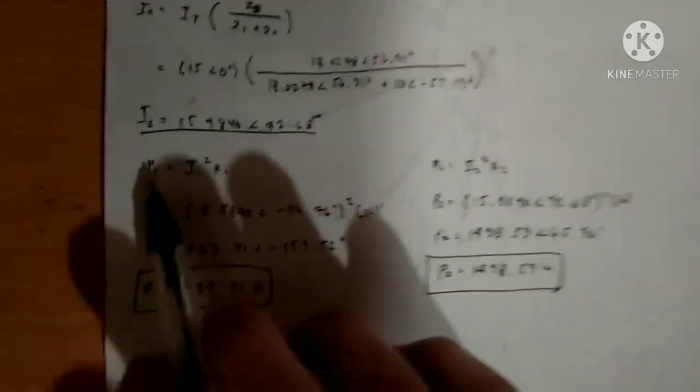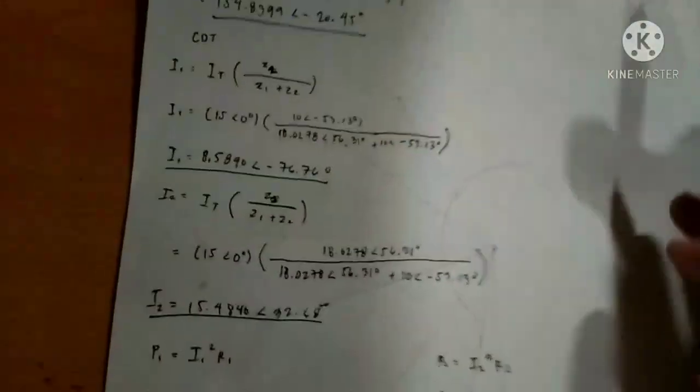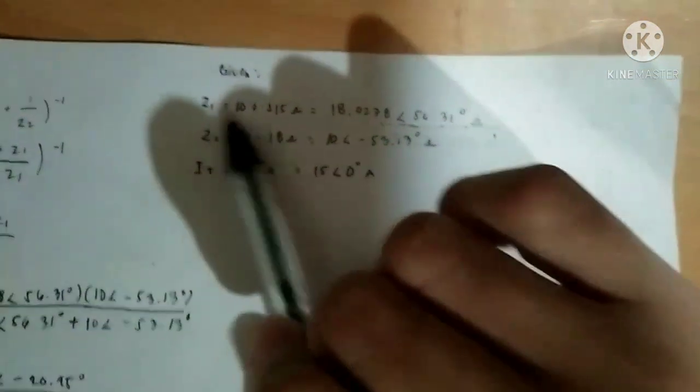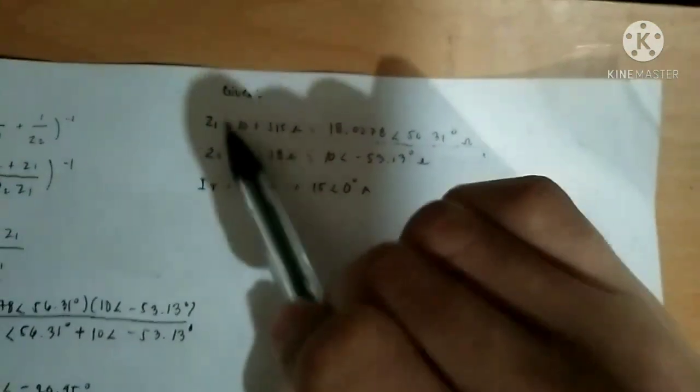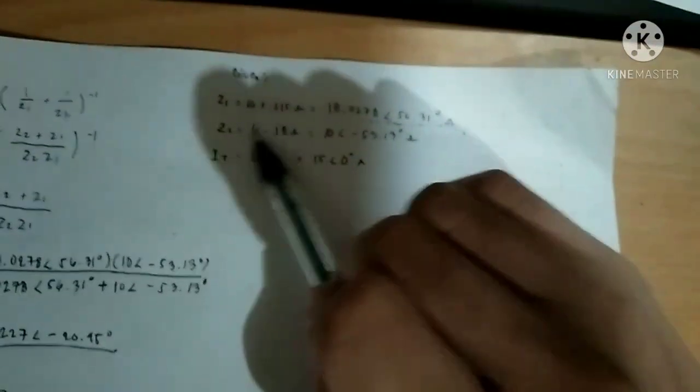Now that we have our currents and we also have our impedance, we can solve for the power. The formula for power is P1 equals I1 squared R1. As you can see, we don't have R1 here, but the value for R can be found in the impedance. Our R1 is the 10 in the Z1 impedance. The real part of the impedance is the resistance, so 10. This will also be our R2, the number 6.